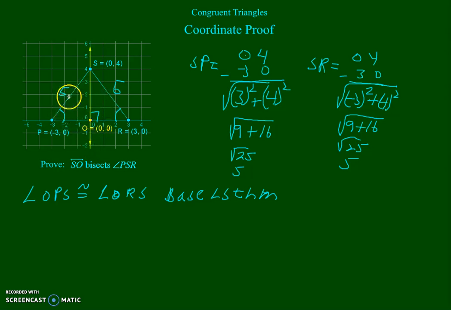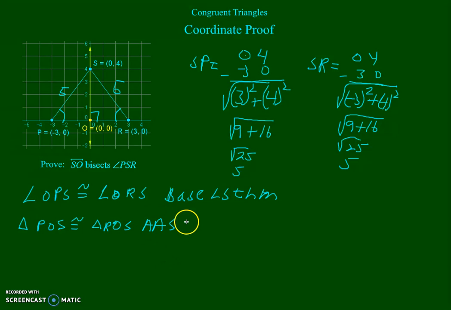So I know that these two triangles are congruent by angle, side. So triangle POS is congruent to triangle ROS, and that's because of angle, side congruence.